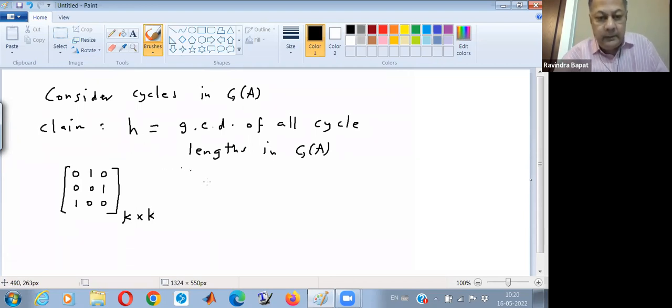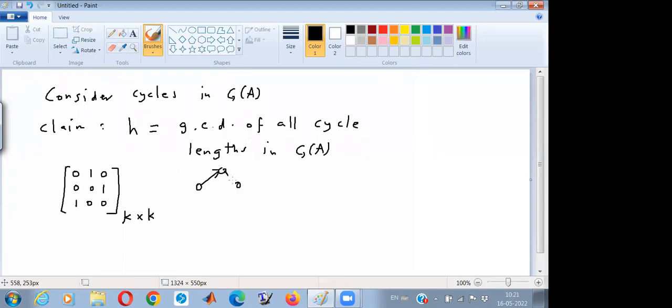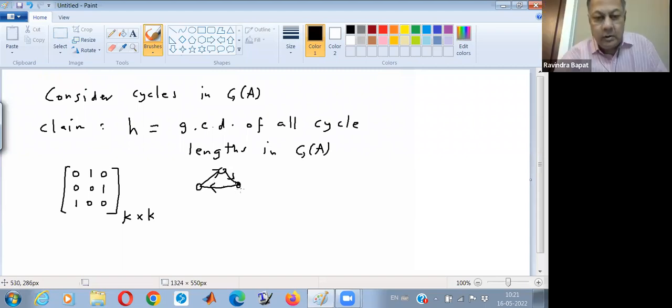But if it so happens that there's a cycle of length 3 in the graph, and also a cycle of length 4, then also because they are relatively prime. So suppose this is the graph associated with A. Clearly it is strongly connected. And there are two cycles.